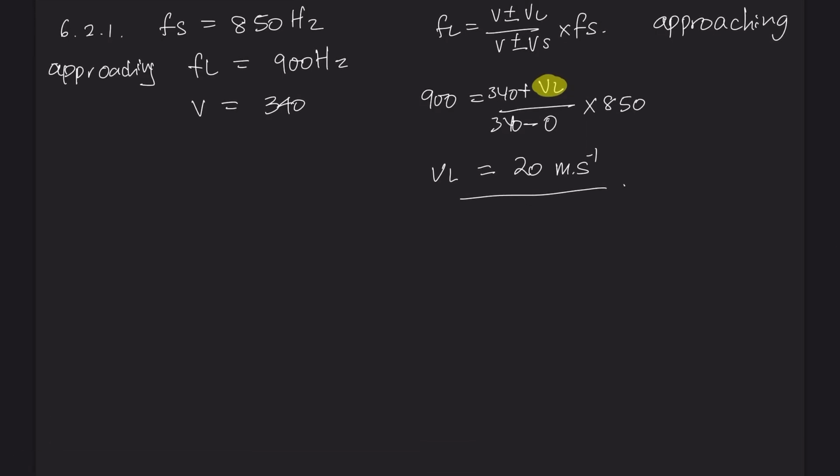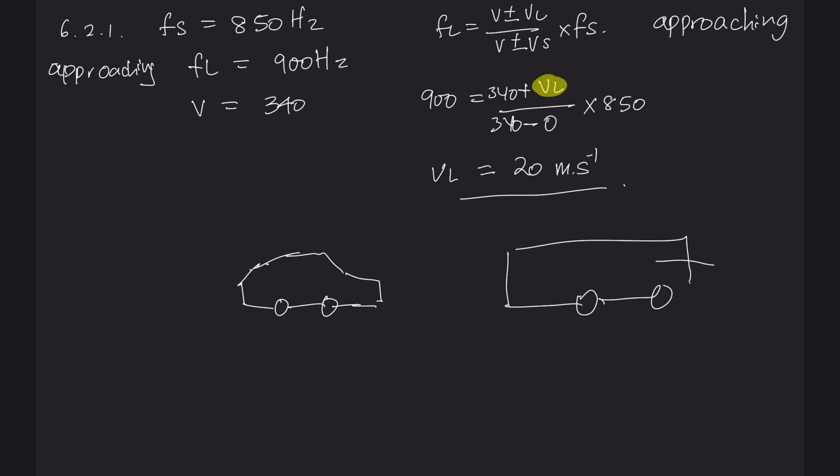All right, so let's redraw the sketch. So we have this car. Okay, and then we have this ambulance. Okay, weird looking ambulance, but that's what it is. And we know that it takes 6 seconds for the car to reach the ambulance.